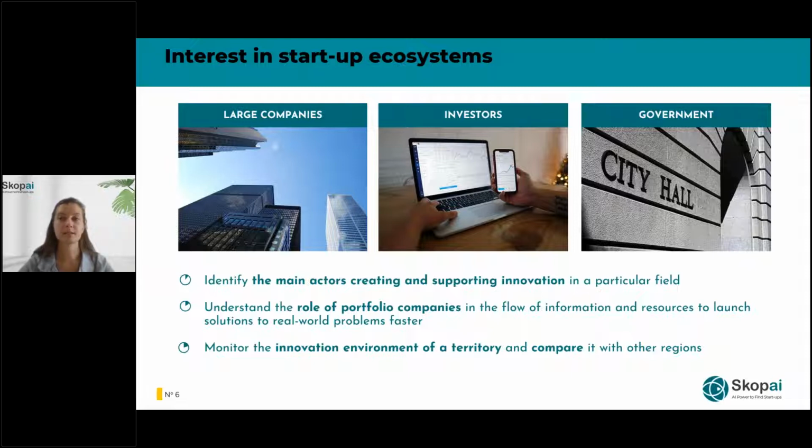For example, the innovation department of a large organization may be interested in scouting for new innovations in a particular domain, in the domain the company operates in, for example, in the healthcare sector, and to see what are the most promising innovations, what are the large companies in the field, what are the institutions and research centers that do research and that have recent publications on the new developments in that field.